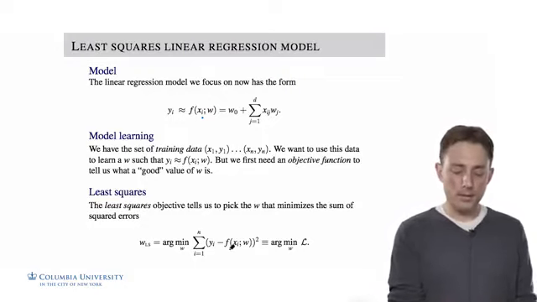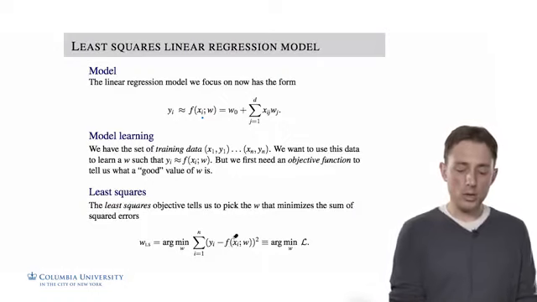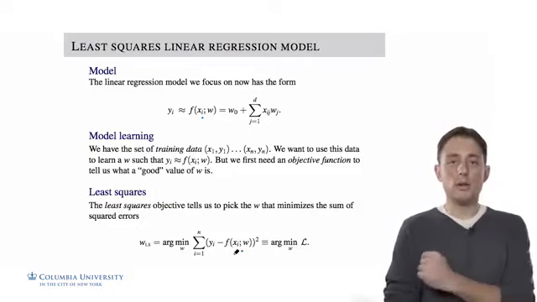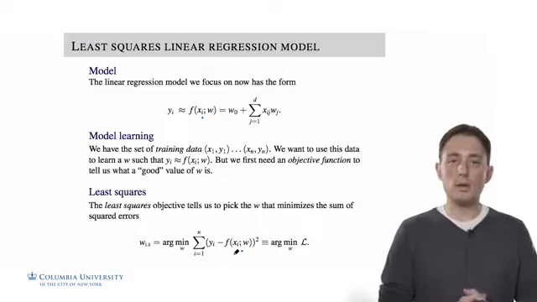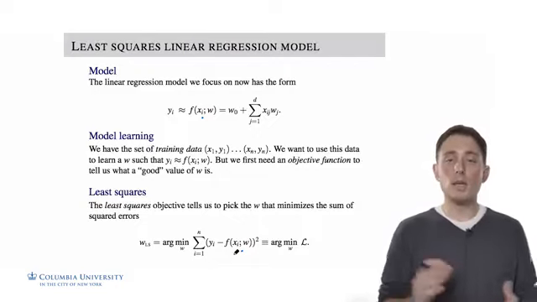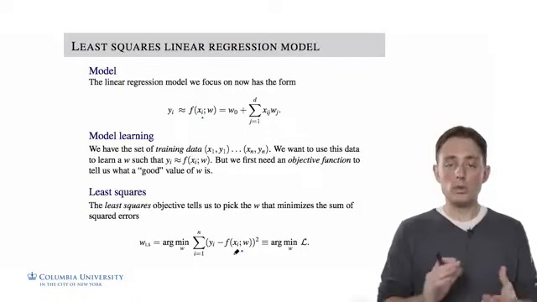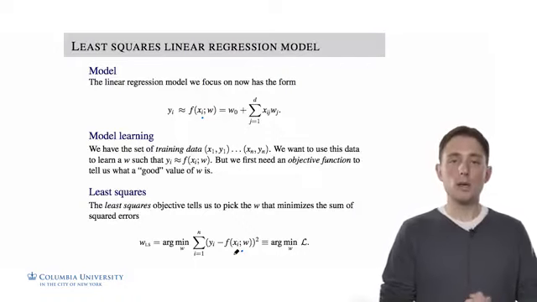So here we have the output y_i from our training data set, and we subtract our prediction of what y_i is according to our linear regression model. That's the error of our prediction. We then square that value, so it's always a positive number, and then sum up those values to get the total sum of squared errors of our model.